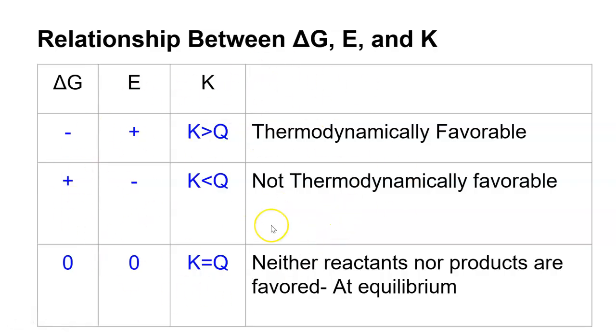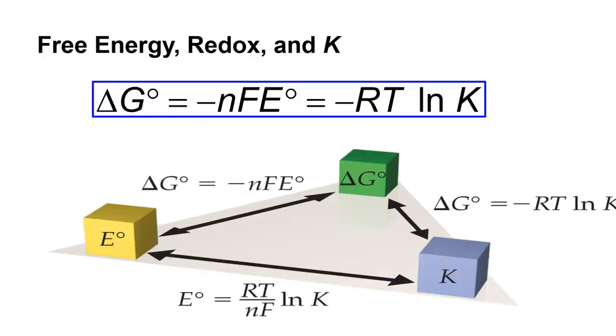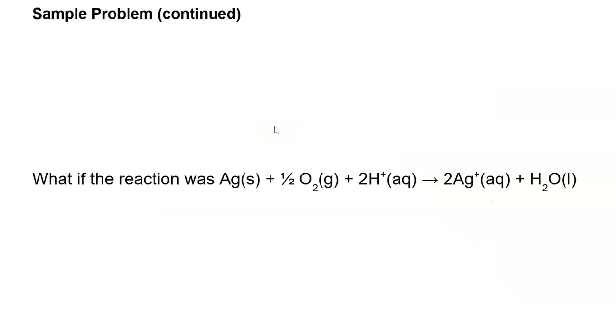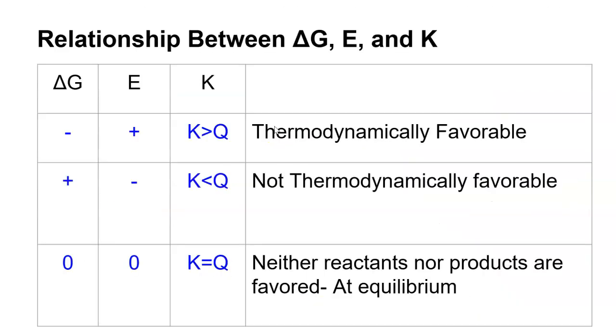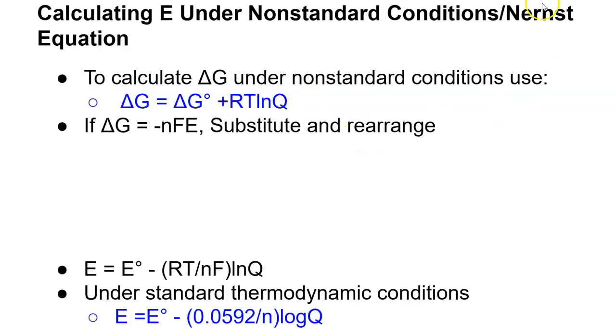What are the things I really want you to focus on being able to do before we resume? Make sure you can calculate E, because we won't have a ton of time to do that. Make sure you're familiar with these equations and can solve some simple problems like the two here. And then tomorrow we'll talk a little about this Nernst equation, which isn't really a ton on the AP exam.